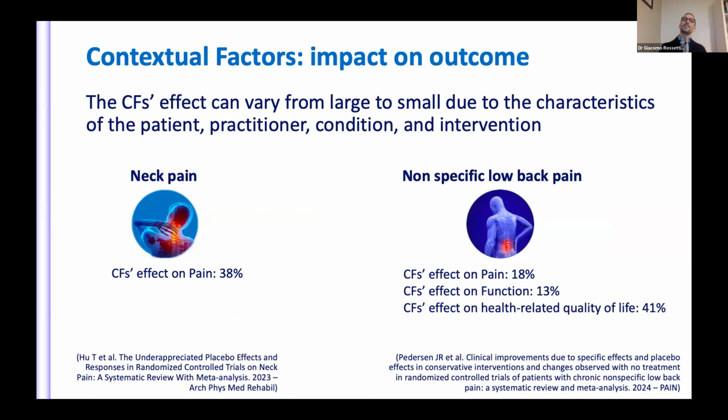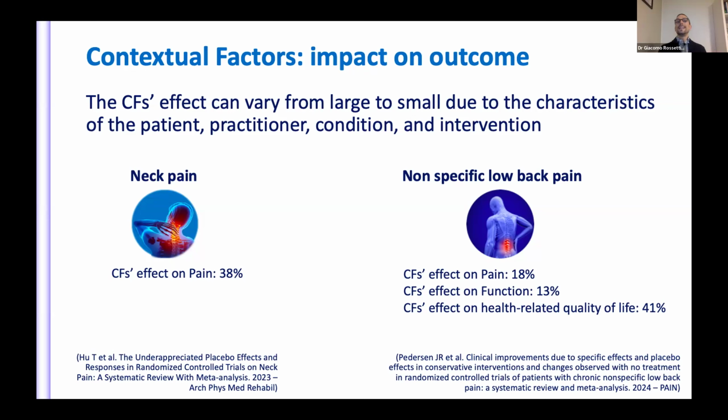The international debate on the weight of contextual effect has continued to the present day without running out of steam. Several systematic reviews recently have assessed the weight of the contextual effects by comparing the active treatment group versus the sham control group, and when possible, a non-treatment group. What the different authors have observed is that contextual effects can vary from small to large effects. I report here examples from two recent systematic reviews.